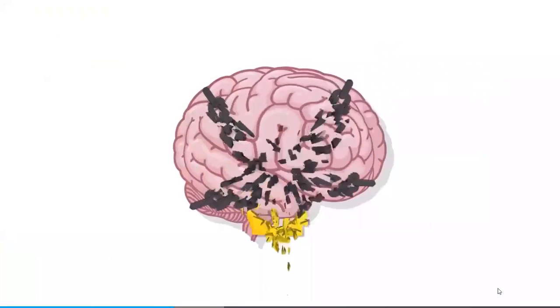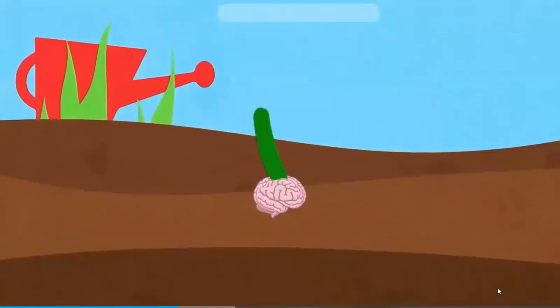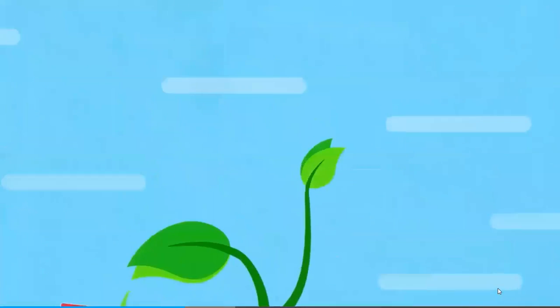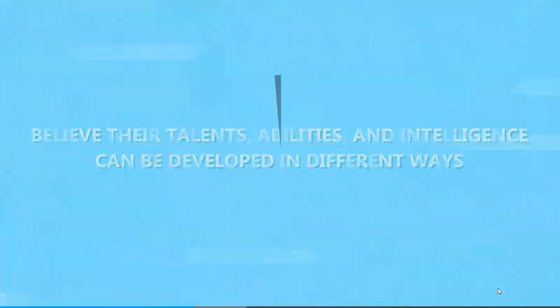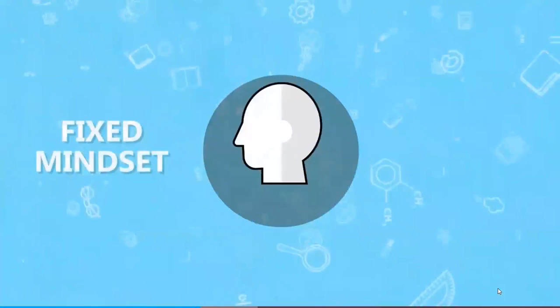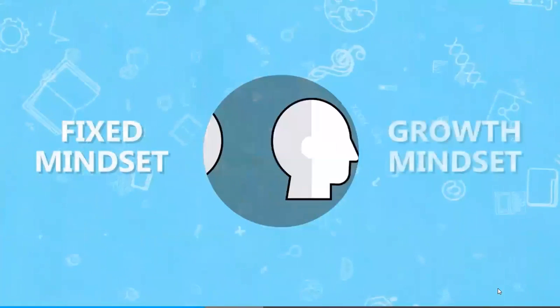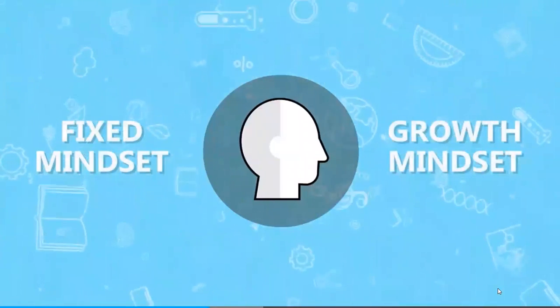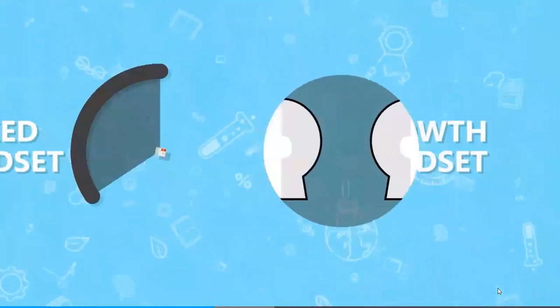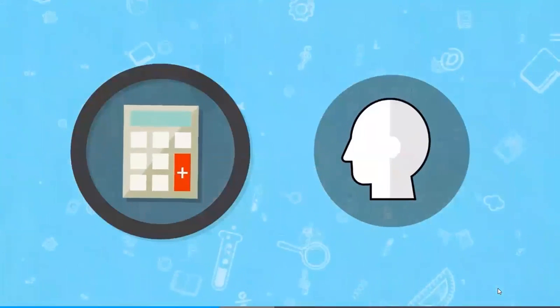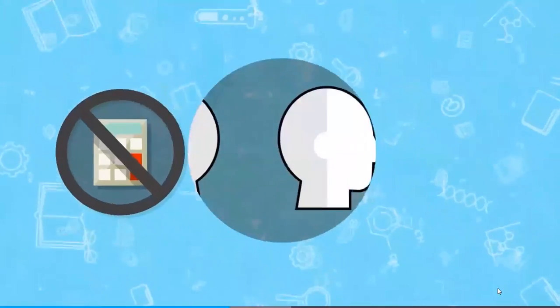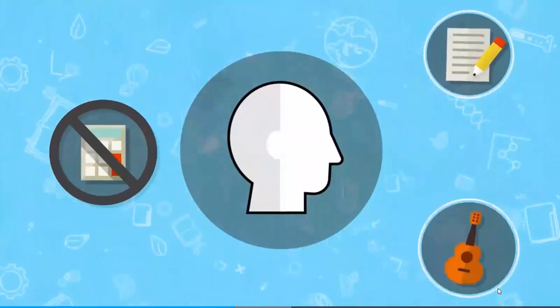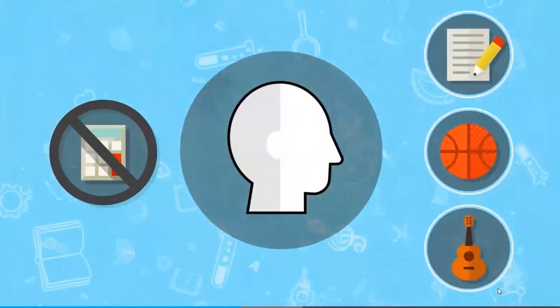People with a growth mindset believe that their talents, abilities, and intelligence can be developed in different ways. And you may feel like you have a fixed mindset in some ways and a growth mindset in others. For example, you may think with a fixed mindset that you're just not a math person, but you may adopt a growth mindset with writing, music, sports, or another discipline.